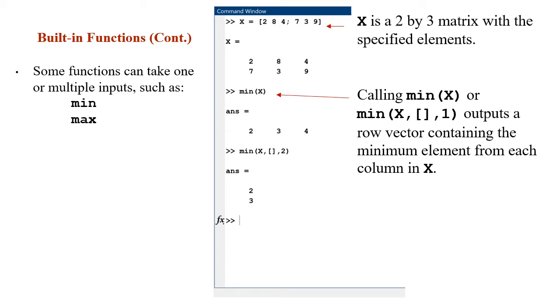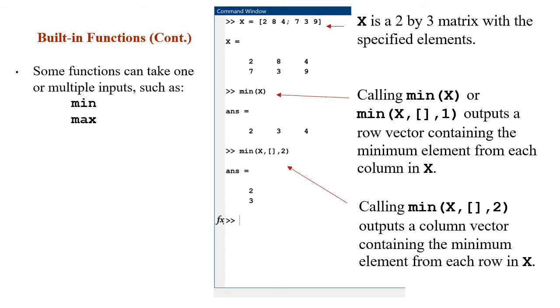So the output of min of x is actually a row vector consisting of the minimum element from each column in x. Calling the min function with 3 arguments, the first one is x, then an empty matrix, and finally 2, will output a column vector containing the minimum element from each row in x.